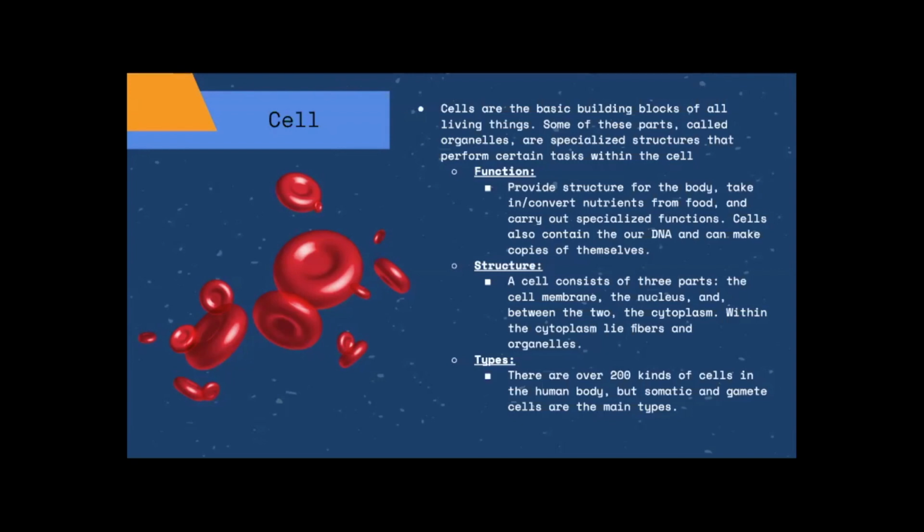The structure of a cell consists of 3 parts: the cell membrane, the nucleus, and between the two, the cytoplasm. Within the cytoplasm lie fibers and the organelles we talked about before. There are over 200 kinds of cells in the human body, but somatic and gamete cells are the main types that we talk about. The cell we have here is a red blood cell.